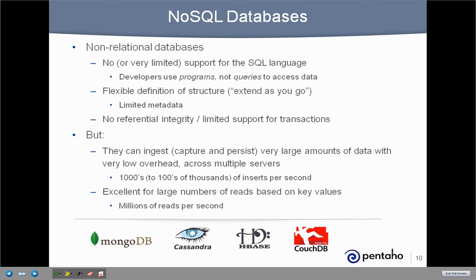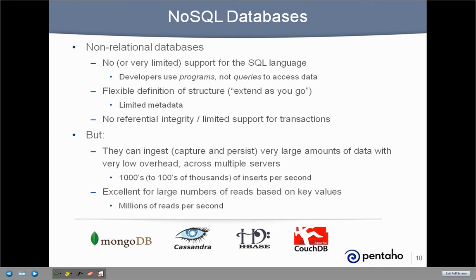What they do really well is allow you to dump large amounts of data quickly and spread it across multiple servers. They are excellent for large numbers of reads based on key values.